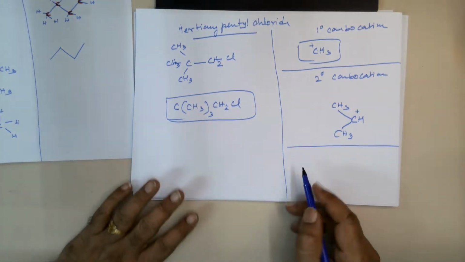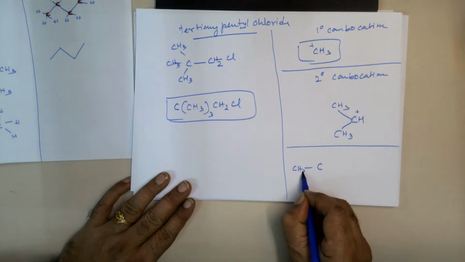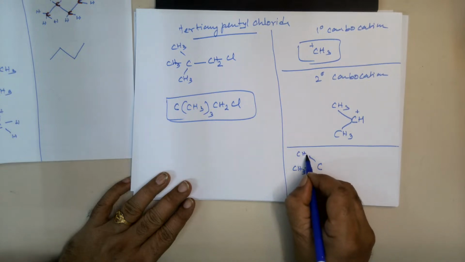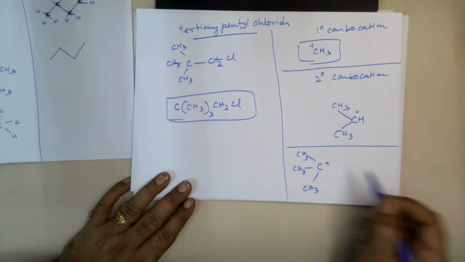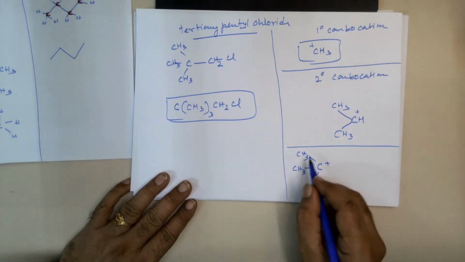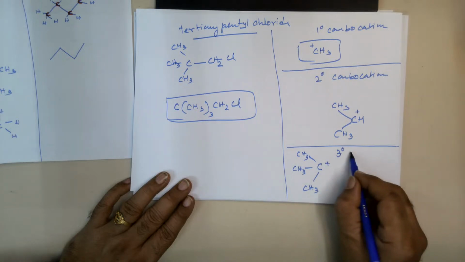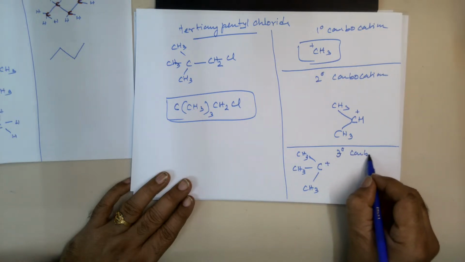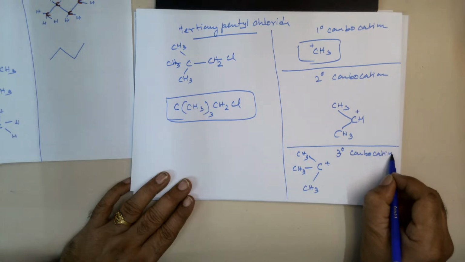Tertiary carbocation can be represented like this: C, CH3, CH3, CH3, now plus. So this is called tertiary carbocation. 3 degree means tertiary carbocation.